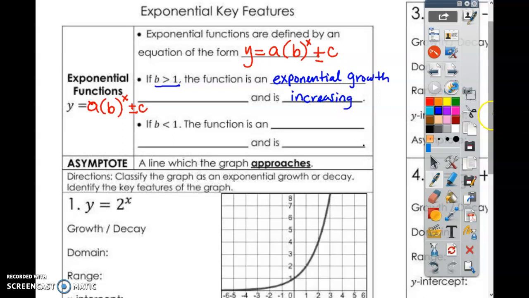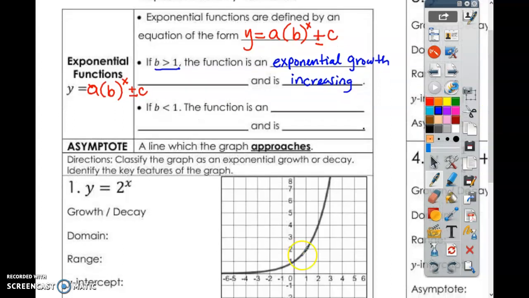So this one right here is increasing. Look, it's going up. So that's a growth. Also, this is the b. It's greater than 1, so it's a growth. So circle growth for problem number 1. If it's going up, it's going to be a growth.